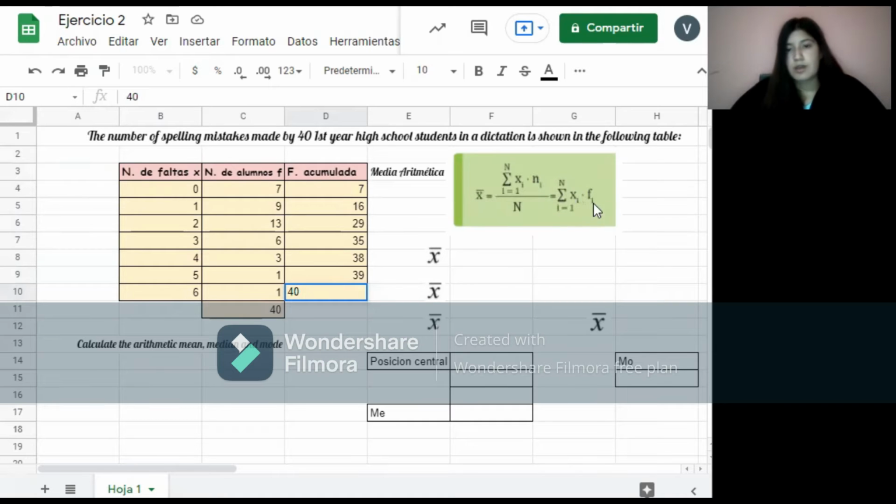For this, we must multiply the class mark by the absolute frequency, and that is what we proceed to do.